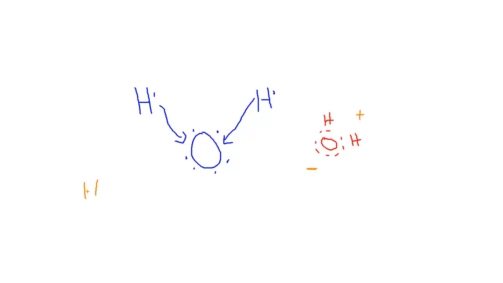If I were to draw water molecules all over each other, these are covalent bonds that I'm drawing. Water will also form bonds with other water molecules. Again, these are covalent bonds.